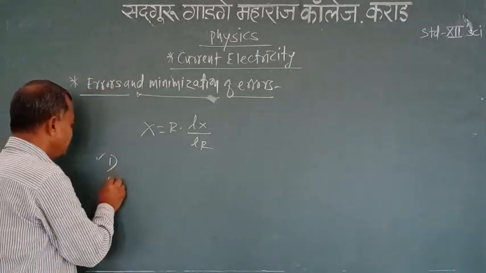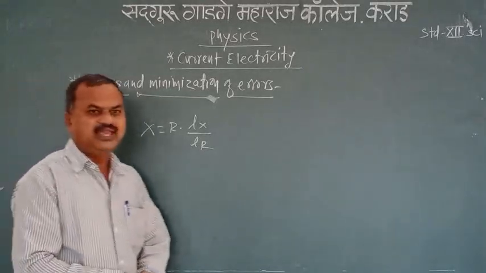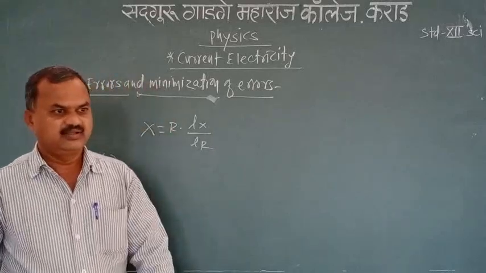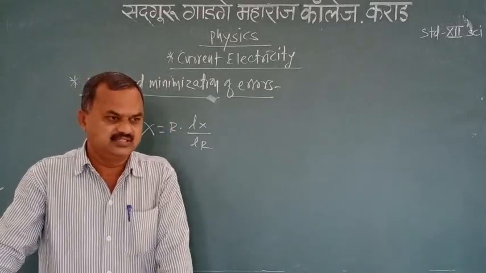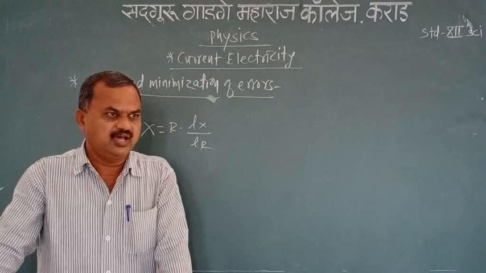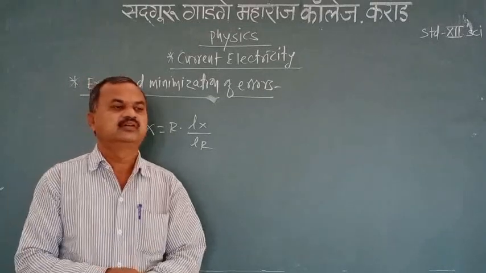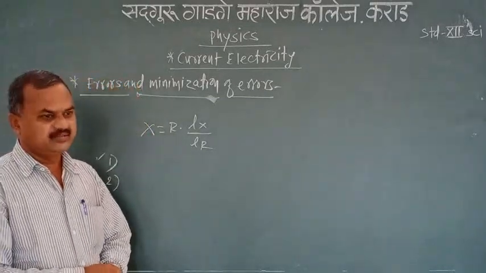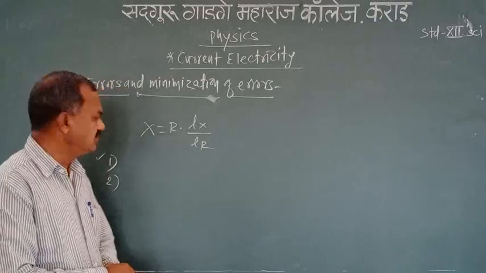Then second, the ends of the wire A and C are in contact with the metallic strips, L-shaped metallic strips.